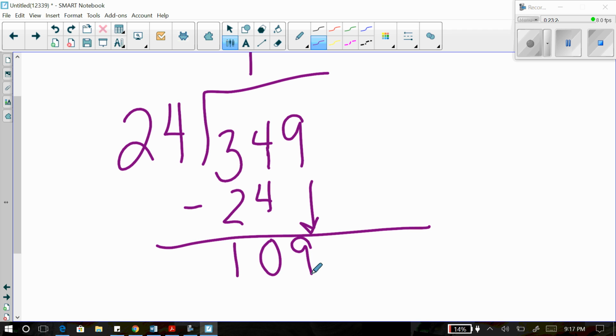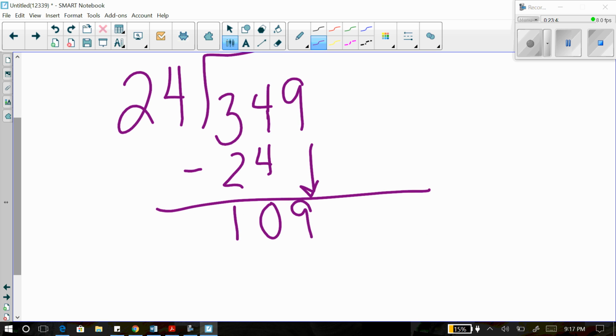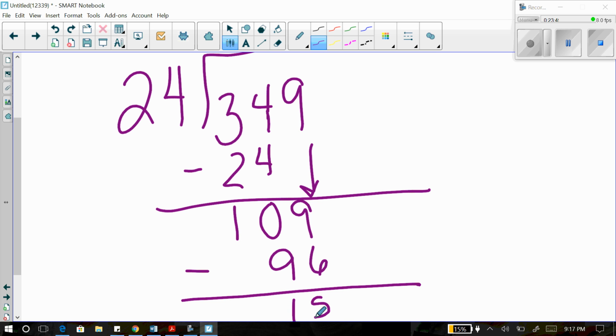Okay, 24 goes into 109 4 times. Again, you can try it. So 24 times 4, 96. 24 times 5 is 120. So it can only go in 4 times. We said that was 96. When I subtract them, I get 15.